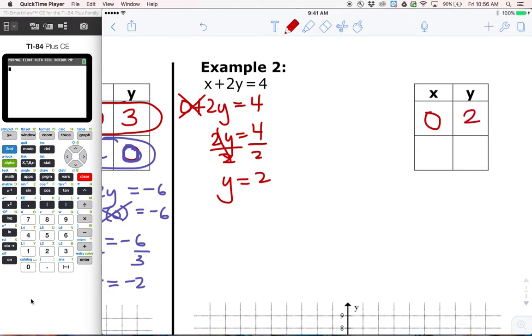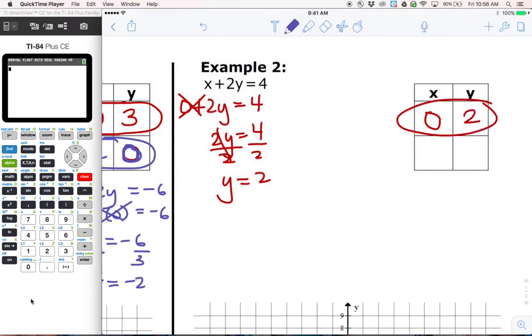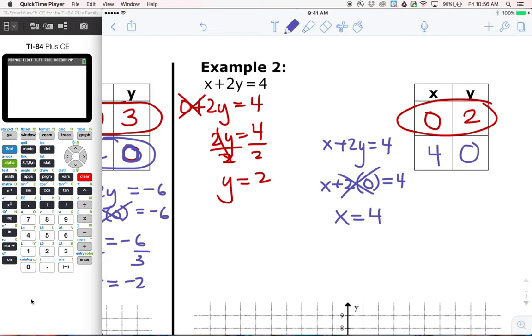When x is 0, y is 2. Let's try it with the other one. If I have x plus 2y equals 4, but now y is 0, well, then that means I've got x equals 4. I don't even have to solve this one because if y goes away, I just have x, so x equals 4. So when x is 4, the y value is 0.